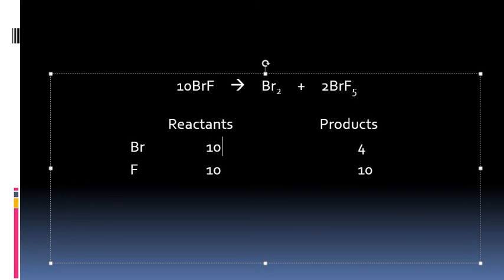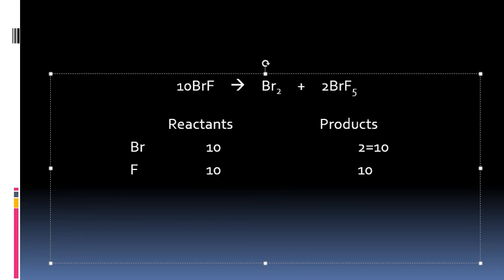Now then, let's see what we can do to balance out bromine on the product side. Well, Br2 is the only thing we haven't added a coefficient to yet. Therefore, what we want is to have a total number of 10 bromine on the product side. And right now, we already have 2, because we have a coefficient of 2 in front of BrF5.